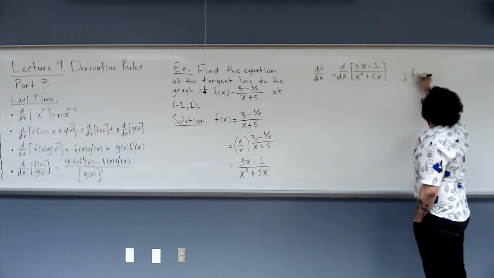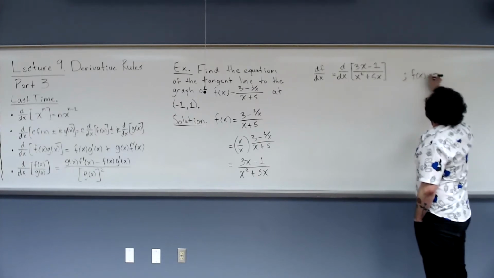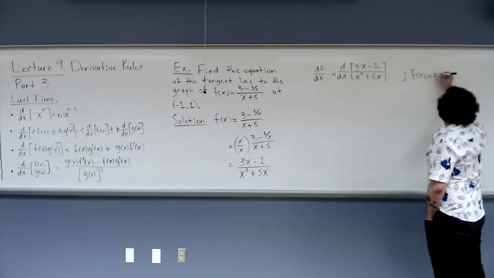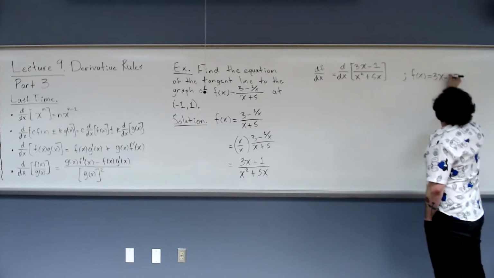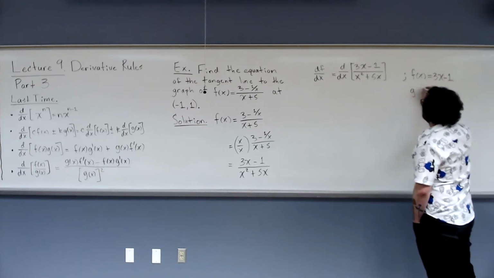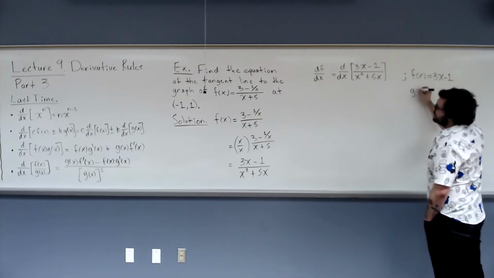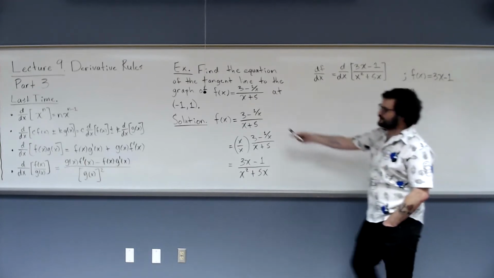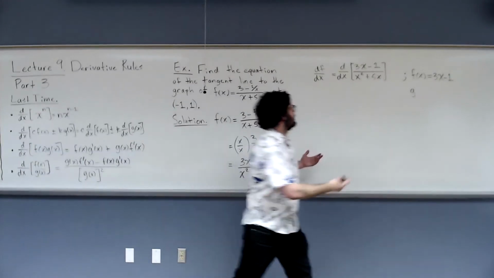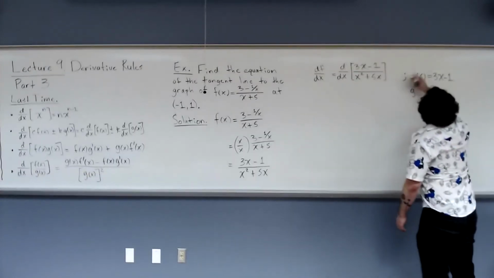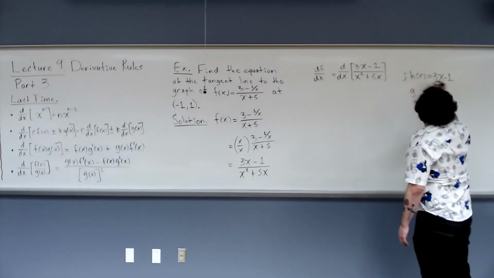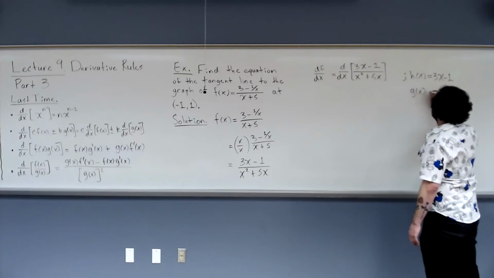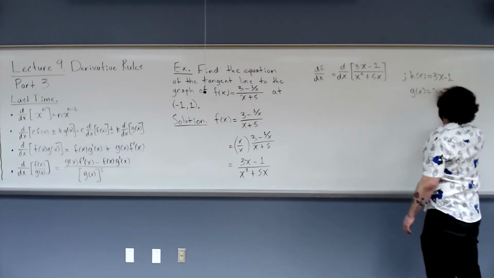I can say the numerator is 3x minus 1. The original function is called f, and I don't want to confuse you, so I'll say h of x is equal to that, and g of x is equal to the denominator part.